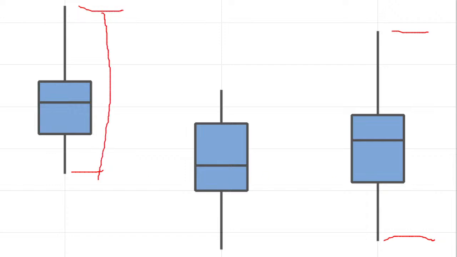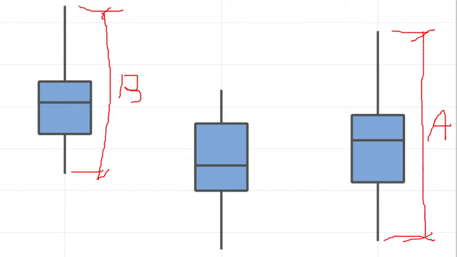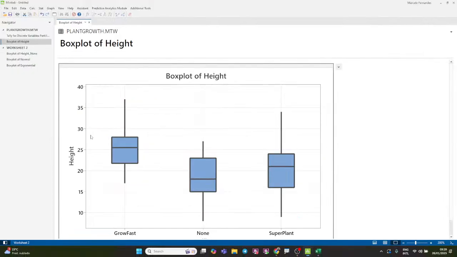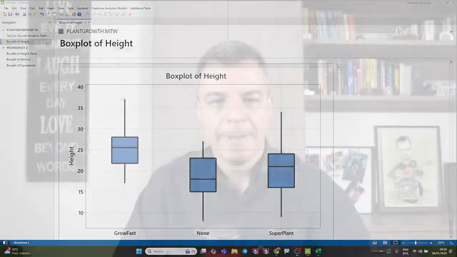It's hard to draw with this pencil here, but I hope you can see that A seems to be greater than B, suggesting that the variation in superplant is greater than grow fast. Okay, beautiful, excellent.